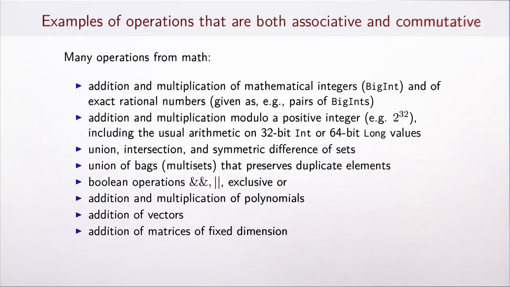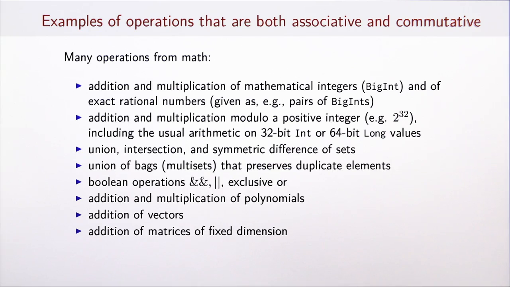Here are some examples of operations that are both associative and commutative. Many of them come from operations on numbers. Addition and multiplication of mathematical integers, which we can faithfully represent as BigInt in Scala, as well as exact rational numbers, which we can represent as, for example, pairs of big integers, are associative and commutative operations.